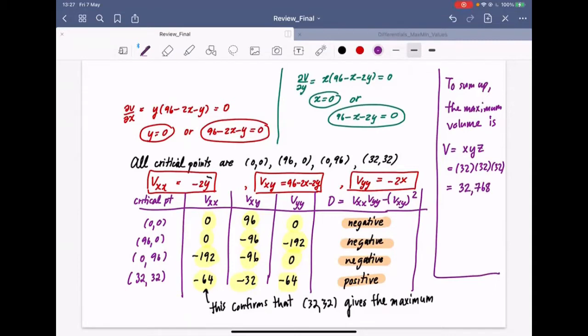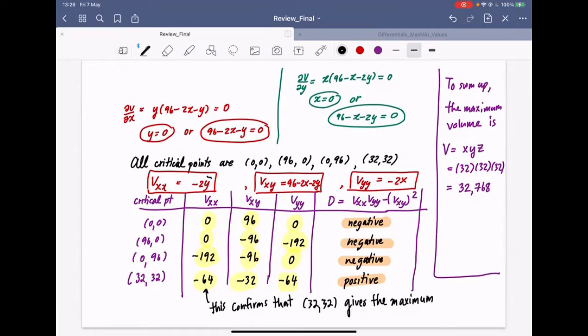This is the maximum of the volume, which is attained at x equal to 32, y equal to 32, and c equal to 32. Does it make sense? Long way, but this is the question that asks you to apply the second derivative test to the real world.